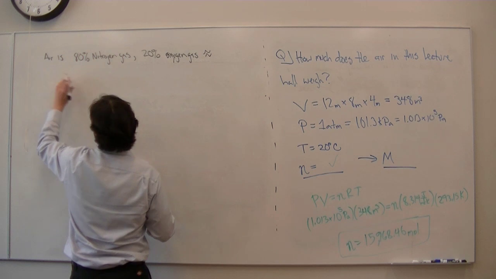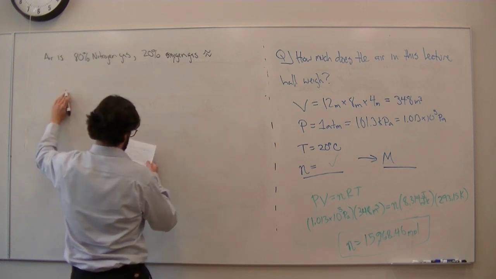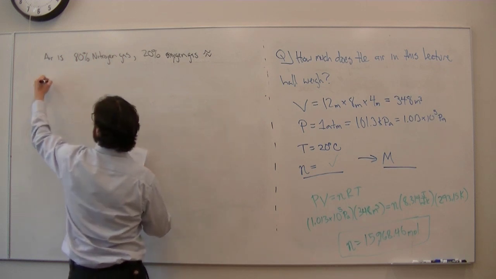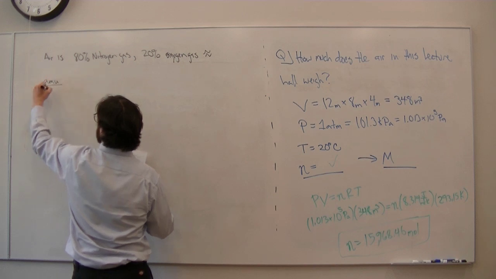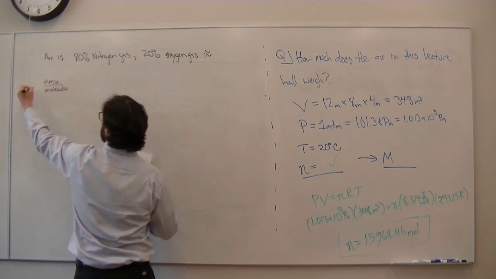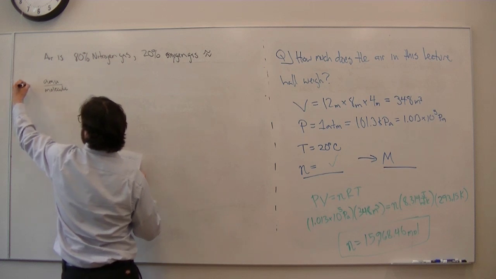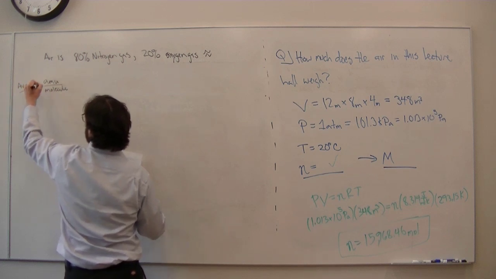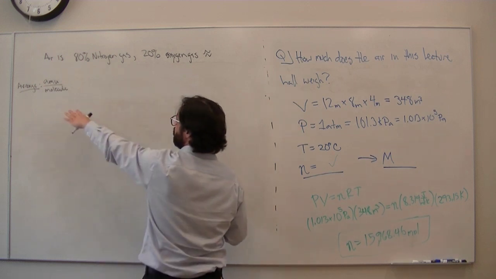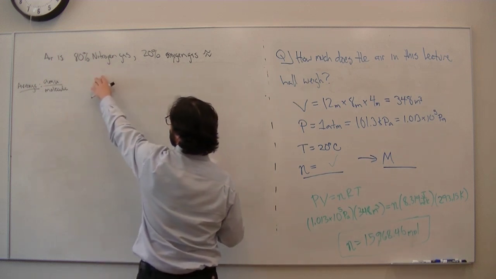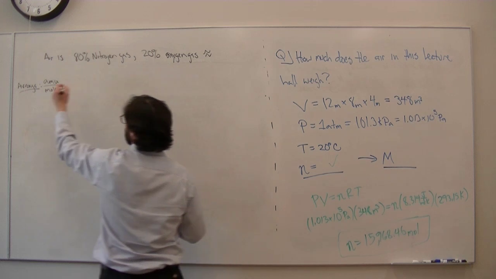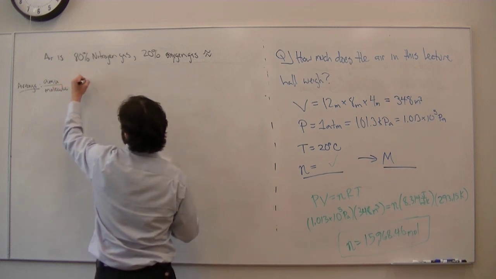And we'll call this the average, because there's an 80% chance they'll have the nitrogen mass, and a 20% chance they'll have the oxygen mass.